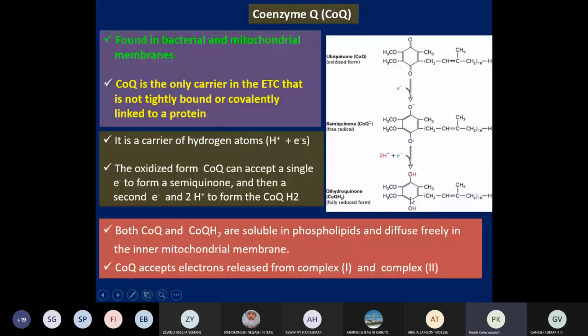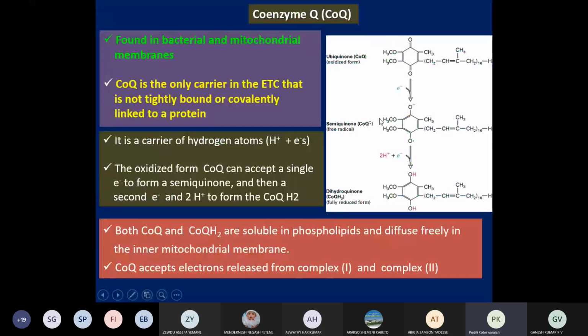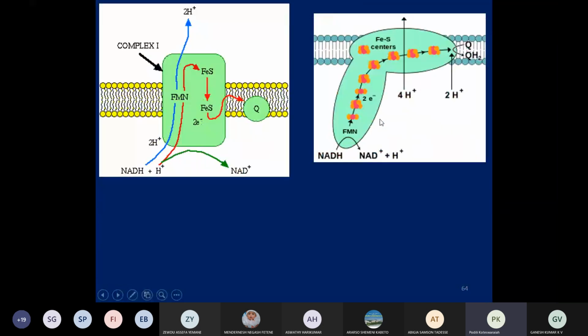But when this reduced ubiquinol transfers electrons to the next carrier, it can only release 1 electron at a time, forming the semiquinone and again the oxidized ubiquinone. So when I say ubiquinone or coenzyme Q, both are the same. Please keep this point in mind.